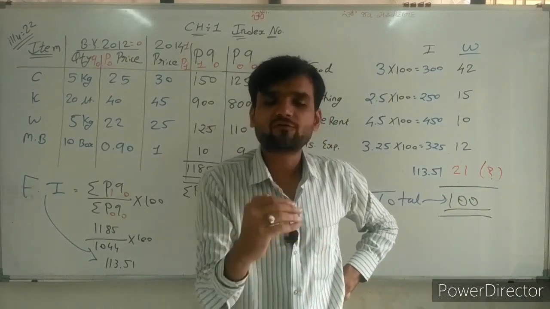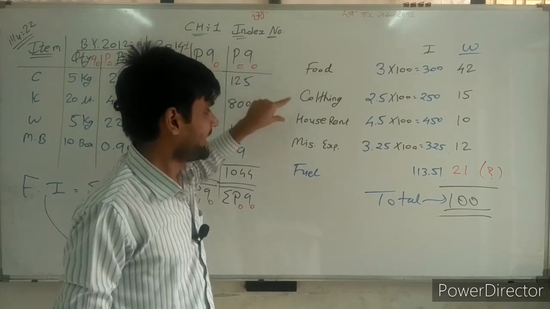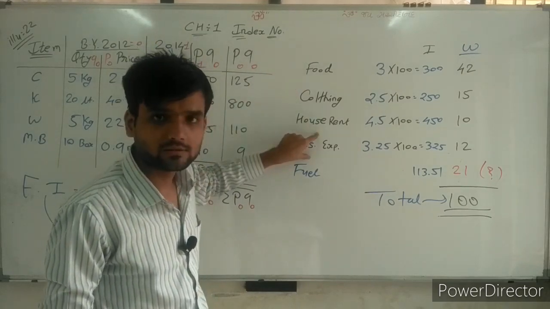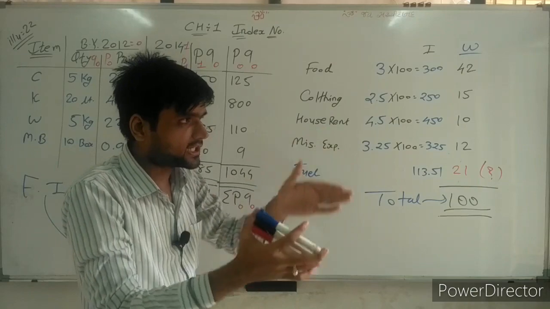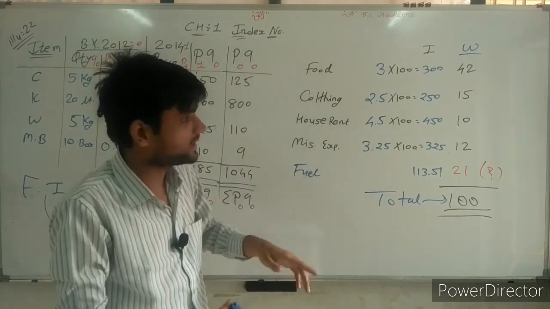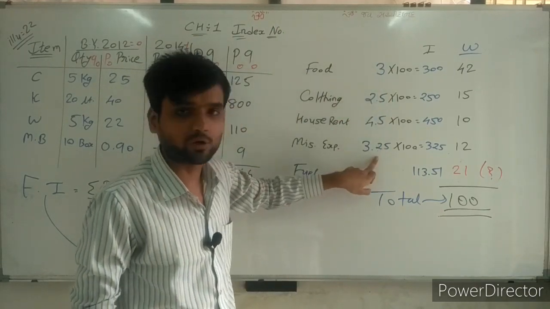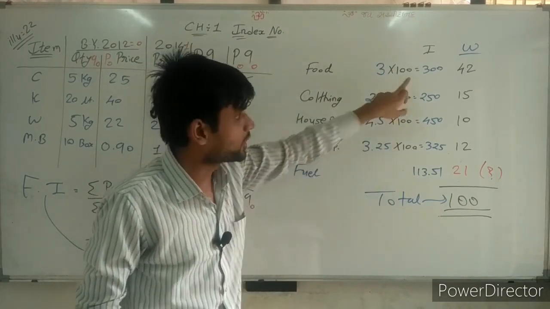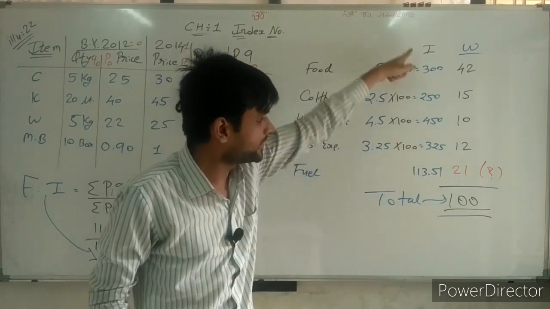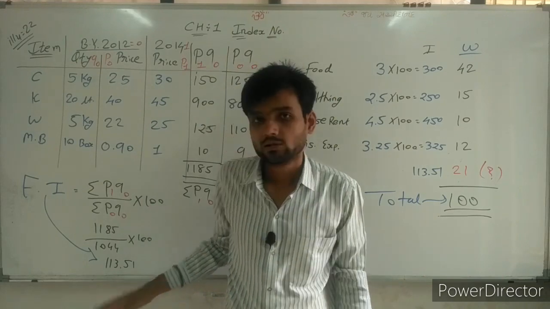Now, next information is given about food, clothing, house rent and miscellaneous. Compared to 2012, in 2015, 3 times, 2.5 times, 4.5 times, 3.25 times are given. So 100 into that is done. So it is my I. For the fuel item, I is here.